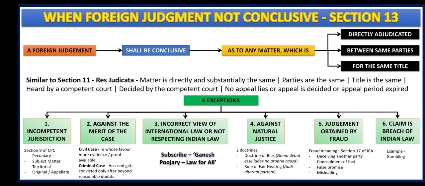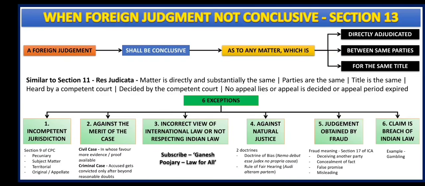Now we have already understood this concept under section 11 when we discussed res judicata. Here the matter is directly and substantially the same, parties are the same, title is the same, heard by a competent court and decided by such competent court, and after that there is either no appeal lies or the appeal is decided or the appeal period is expired.